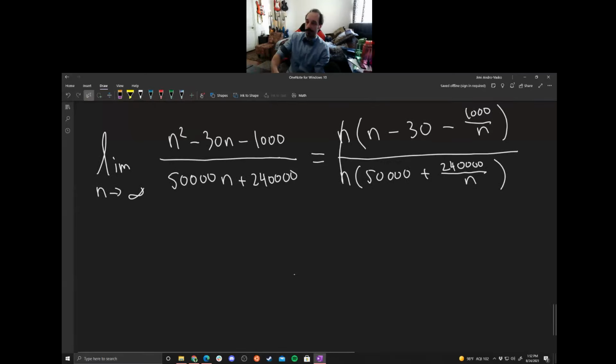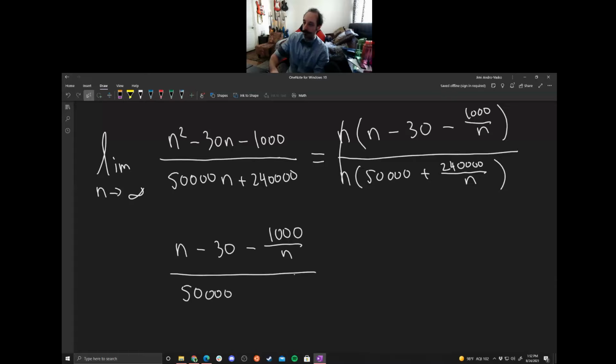And now we're left with n minus 30 minus 1,000 over n, over this amount. In this case, you set n to infinity. Well, these will definitely be 0. Anything over infinity becomes 0. So we're left with n over some constant. As n goes to infinity, this will definitely become infinity.